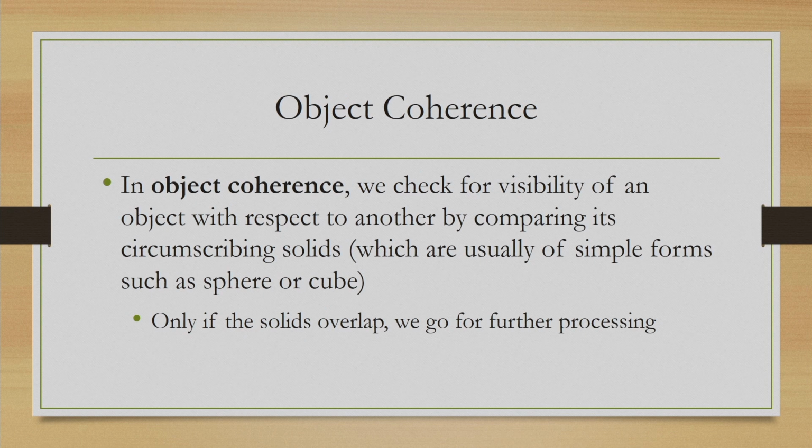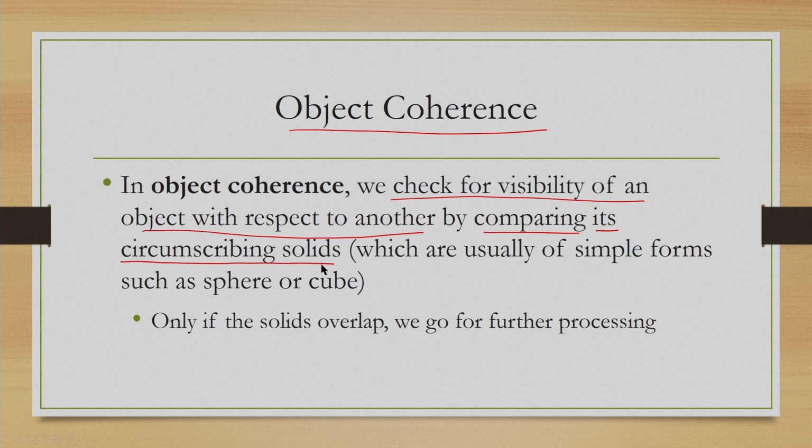First is object coherence. What it tells? Here we check for visibility of an object with respect to another object by comparing its circumscribing solids, which are in many cases of simple forms such as spheres or cube.